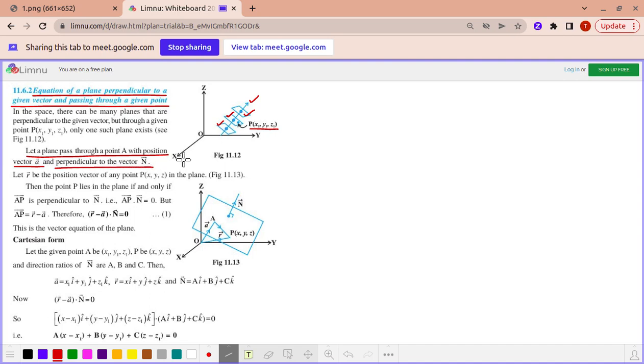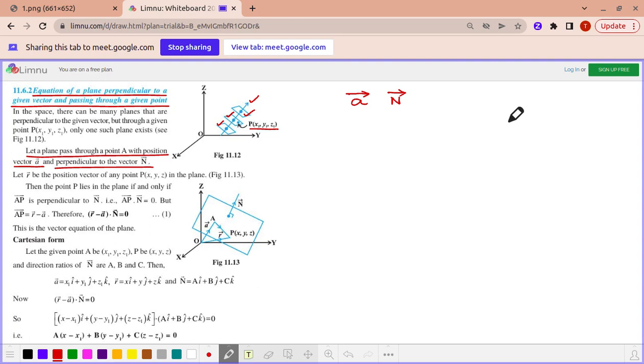So two pieces of information are known to us. The first is vector a, the position vector of the fixed point through which the plane is passing, and the second is vector n, the vector which is perpendicular to the plane. By means of these two pieces of information, we are going to find the equation of the plane.